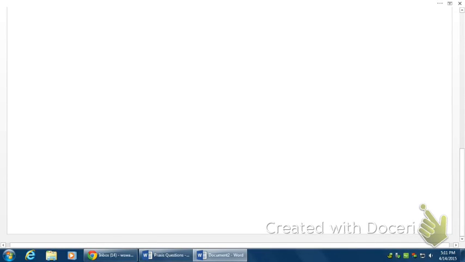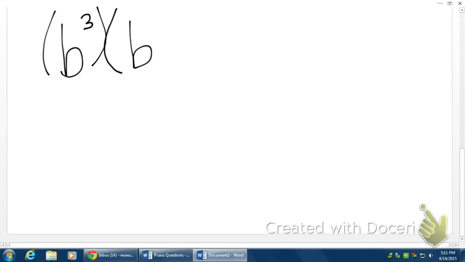Okay guys, here's a little review about multiplying monomials. That's what you're going to be doing today. Make sure if you have an equation like this, all you're going to be doing is adding those exponents.